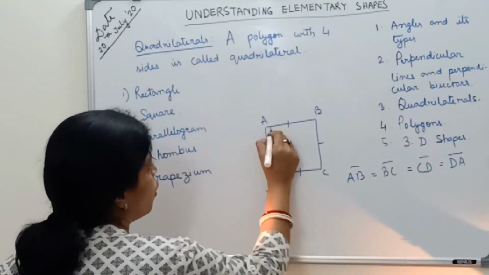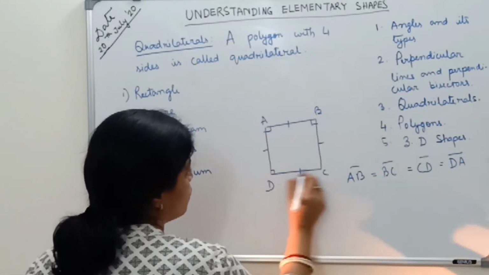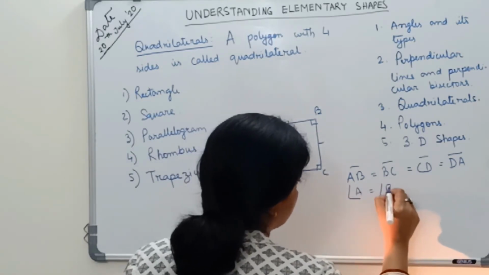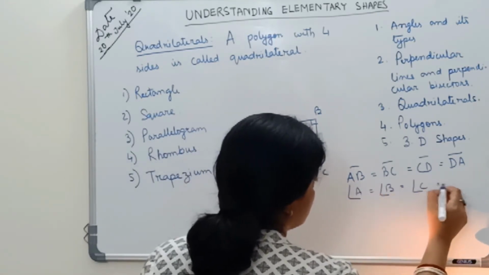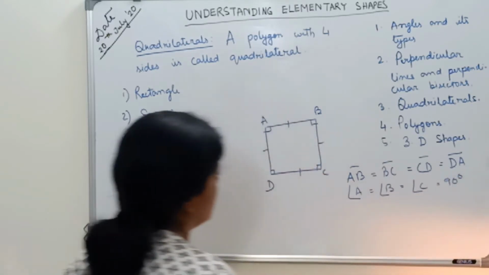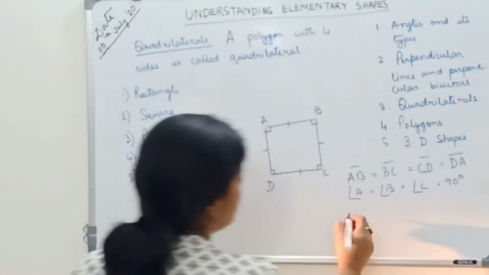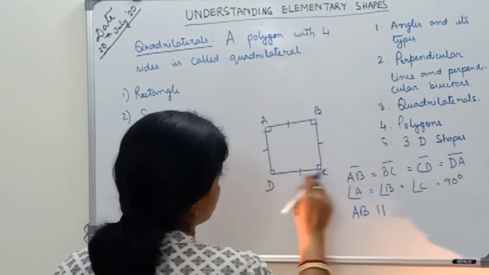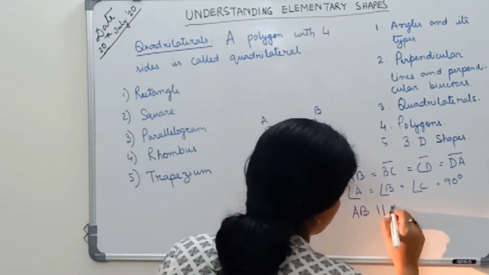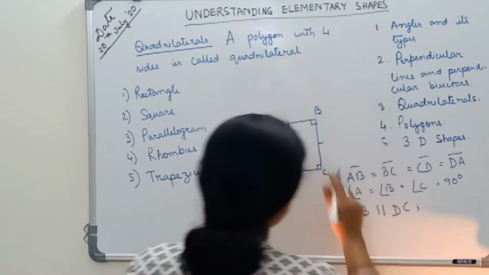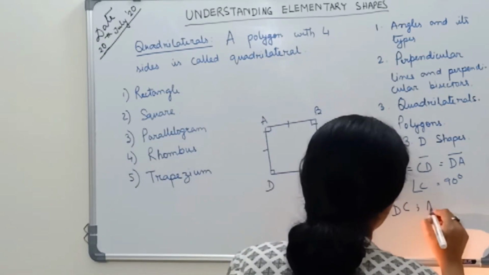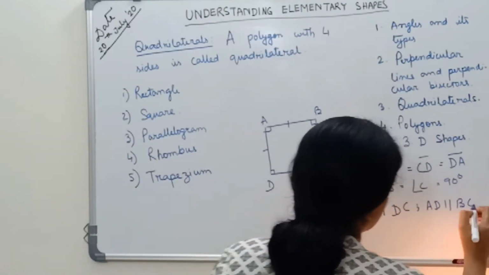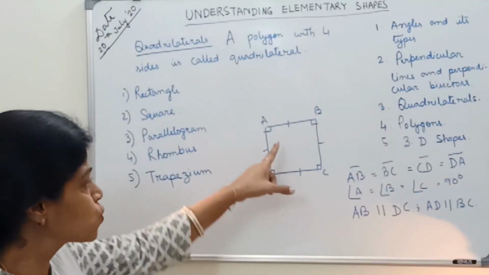And here all the angles are also 90 degree. Angle A is equal to angle B is equal to angle C is equal to 90 degree. And the third is AB parallel to CD or DC and AD parallel to BC. So this is a square.